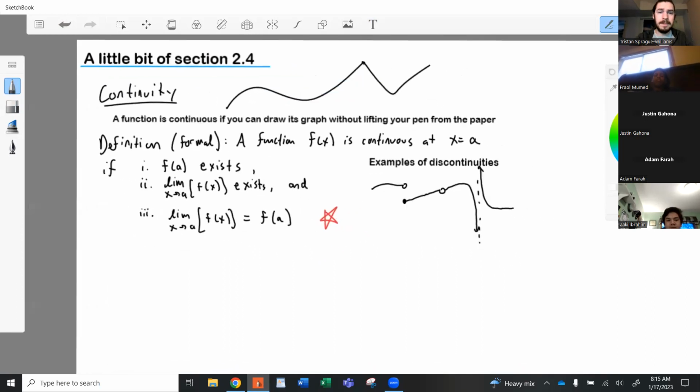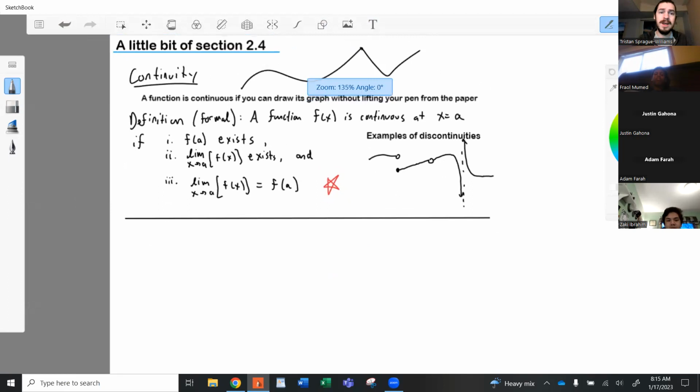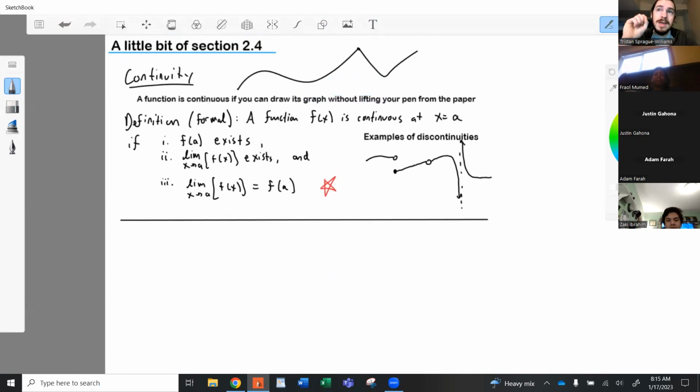All right. So the reason I introduced this is because when it comes to evaluating limits, if you know that a function is continuous, you can just figure out what the limit is by plugging the number that x is approaching into the function and evaluating the output.